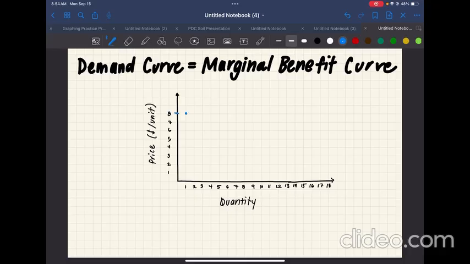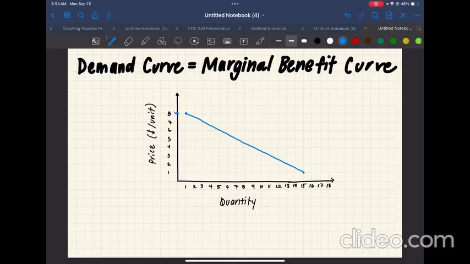And then at $1, we'll sell 15 of them. So this is our demand curve here. The more we lower the price, the more quantity we sell. Okay, so that's our demand curve.